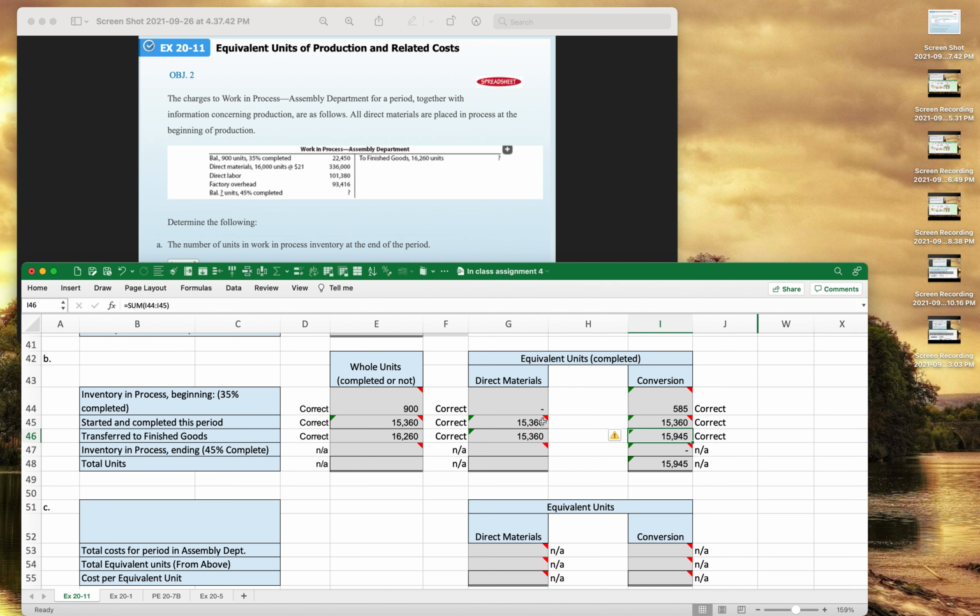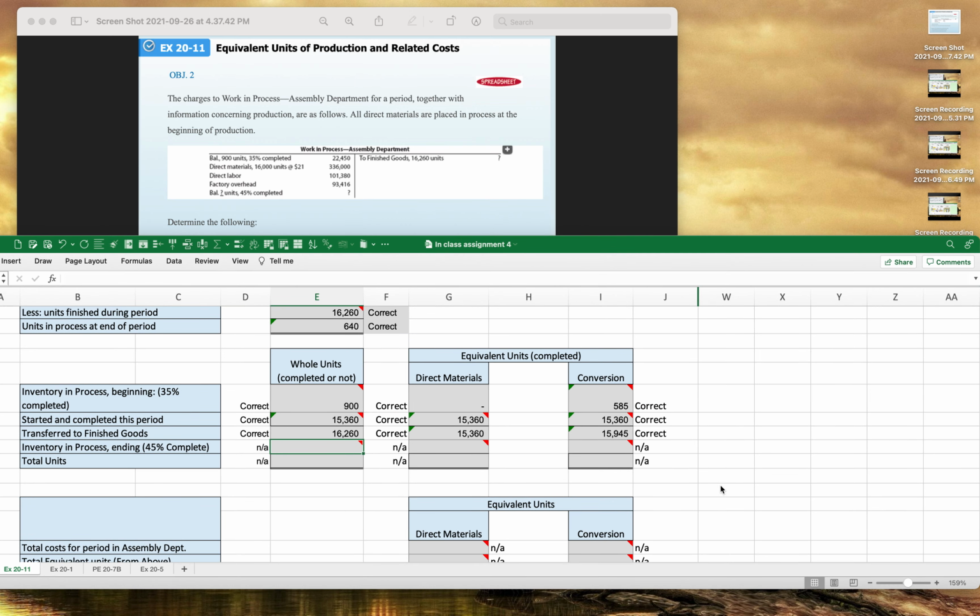Makes sense because the previous ones already had direct material, so they wouldn't need direct material anymore. And out of the 16,260, 15,945 needed some sort of conversion cost, whether they needed direct labor or factory overhead or both. Again, irrelevant at this point because we know that it's not direct material. So we'll put that together here and continue onwards.